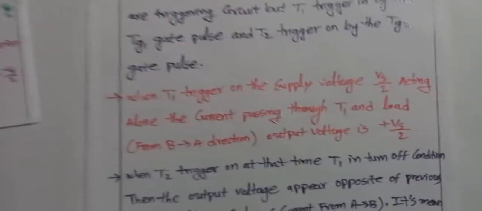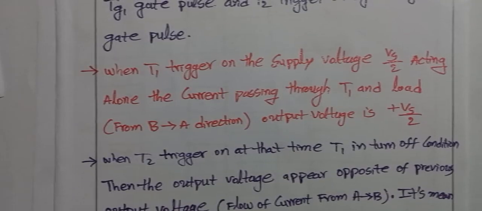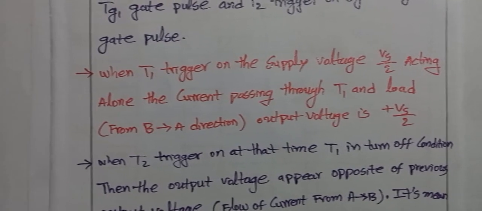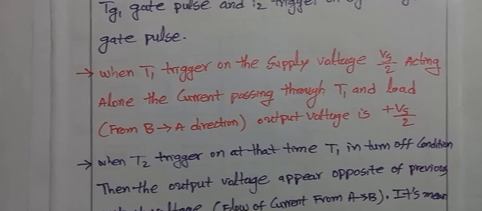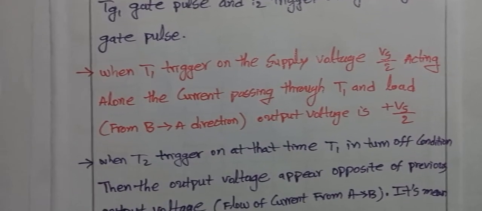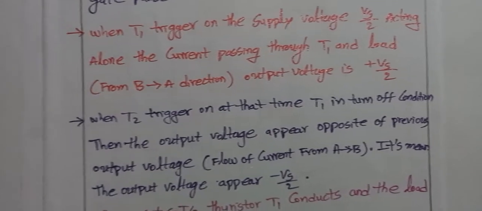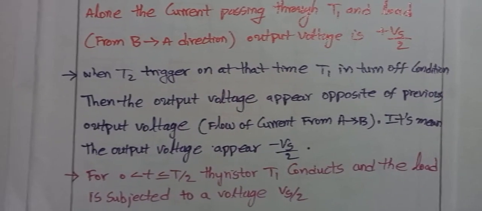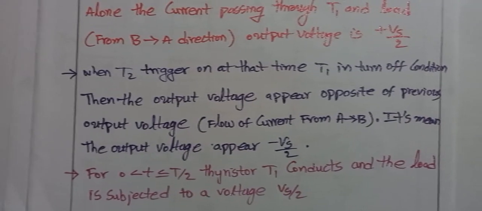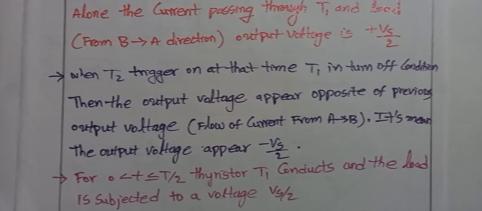When T1 is triggered on, the supply voltage Vs by 2 acts alone, and the current passes through T1 to the load, from B to A direction only. The output voltage is simply plus Vs by 2. When T2 is triggered on, T1 is in turn off condition, as I already said.